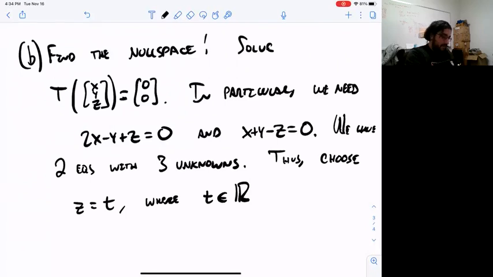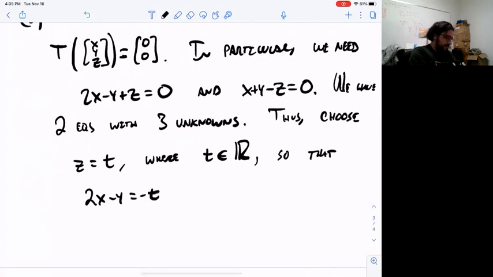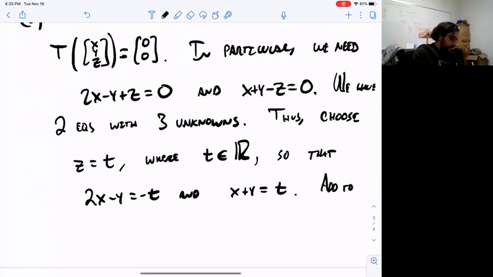And then we can represent x and y in terms of that t. So what would I have? I'd have 2x minus y equals -t from the first equation, and x plus y equals t from the second. Now I can start to get these cleaned up for just a single variable.